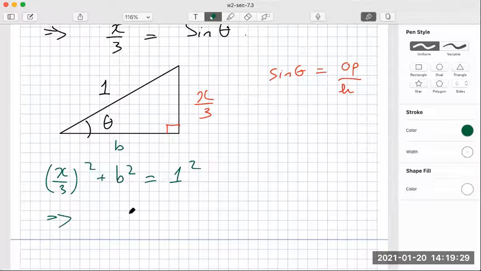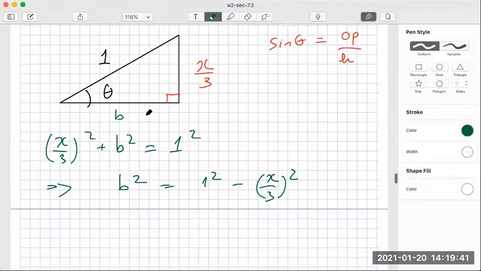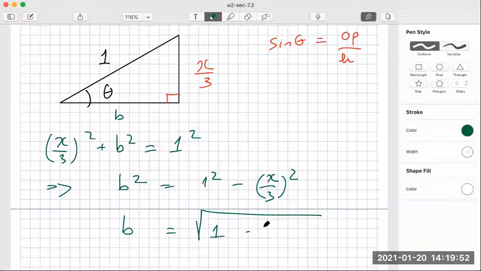Therefore, B square will be 1 square subtract X over 3 squared here. Then we know that this length is always positive. Therefore, B will be the square root of 1 minus X squared over 9. Do you agree? Okay, X over 3 squared will be this.